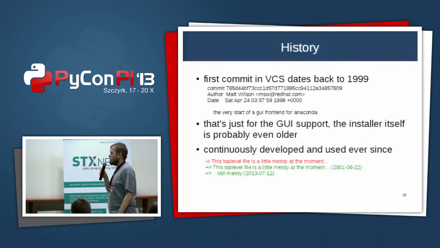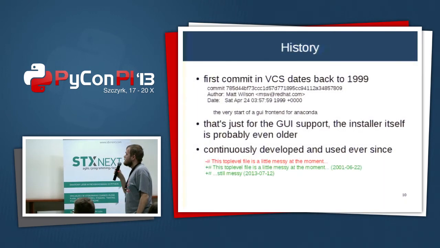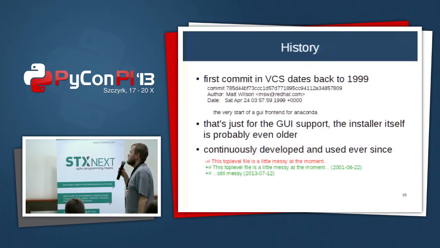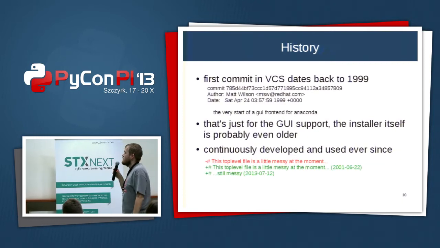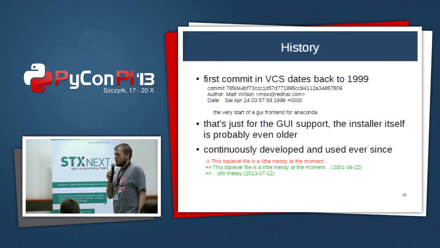So the Anaconda project is actually quite old. The first commit for the graphical user interface of Anaconda comes from 1999, but the non-graphical part of Anaconda is probably much older.